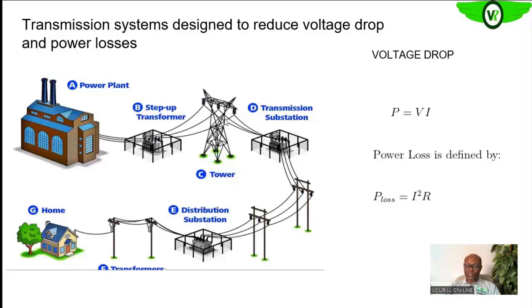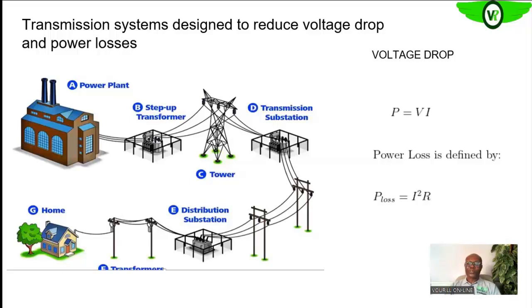So the best option is for us to increase V with the use of our transmission transformers, and then reduce that V when we get to where we actually want to use the voltage. Those are the two ways that we can reduce the power loss and the voltage drop.